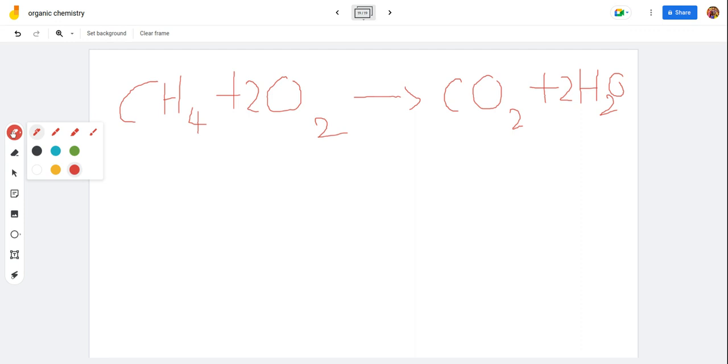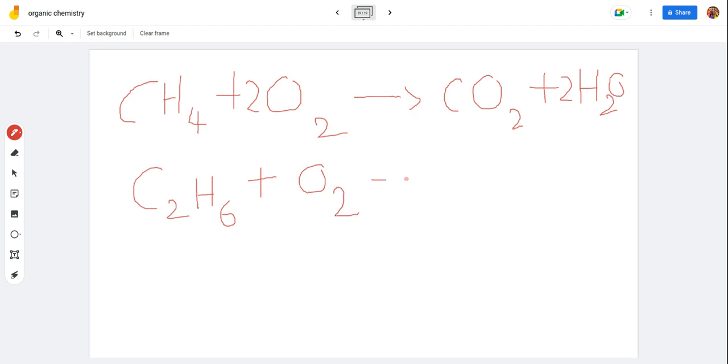Now let me take ethane. The ethane formula is C2H6. I told you this is complete oxidation or combustion with the addition of oxygen. So add the oxygen. Again the products you will get are carbon dioxide and water.